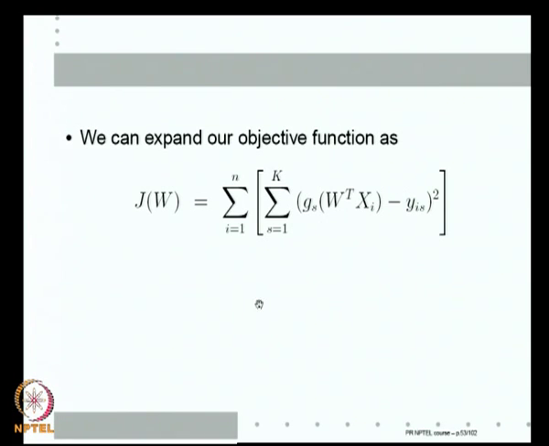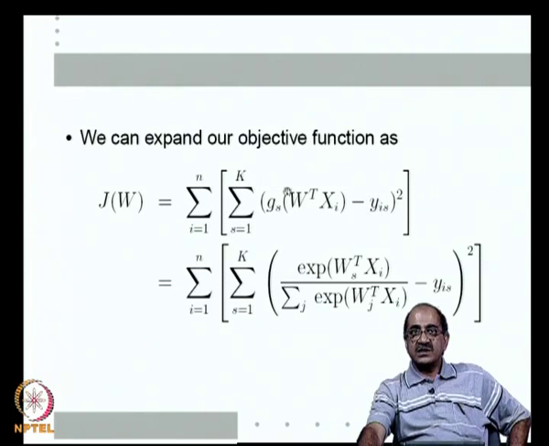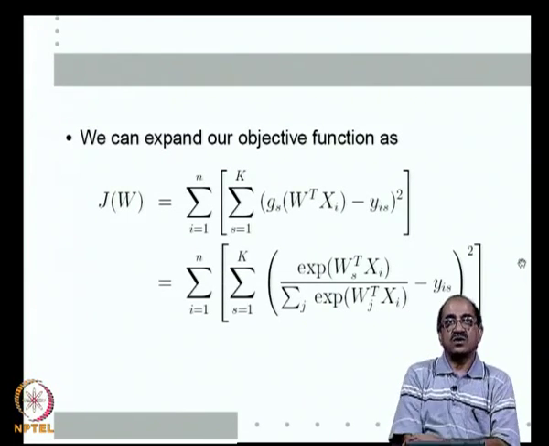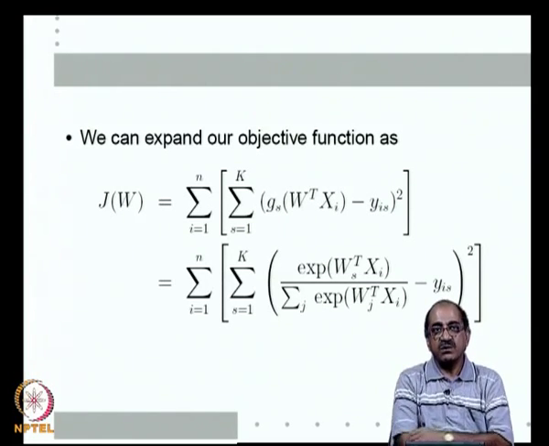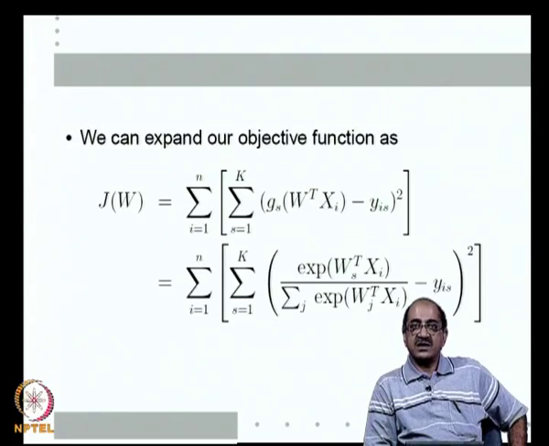Okay. Now, I know what g_s of W transpose x_i is. So, let us expand that. So, g_s of W transpose x_i is exponential of W_s transpose x_i by summation over j exponential of W_j transpose x_i, minus y_is whole square. J is a function of all the W_s, that is why I wrote it as J of W. So, this is the explicit function.